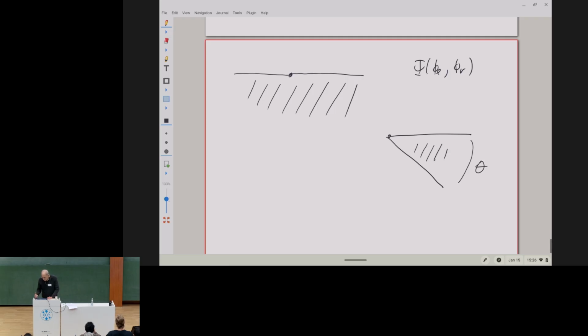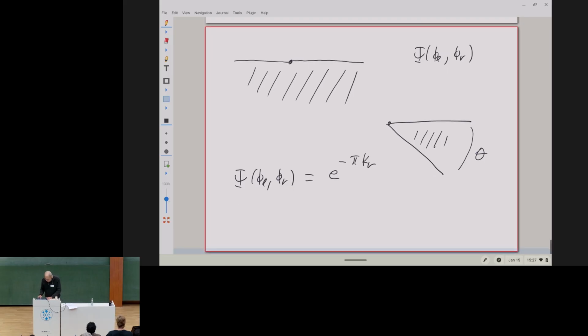If you take a wedge with angle pi, you get the lower half plane. 2 pi gives you the whole plane with a cut on the positive axis, but pi gives you the lower half plane. So psi of phi left and phi right is associated with e to the minus pi times kr, while rho is associated with e to the minus 2 pi times kr.